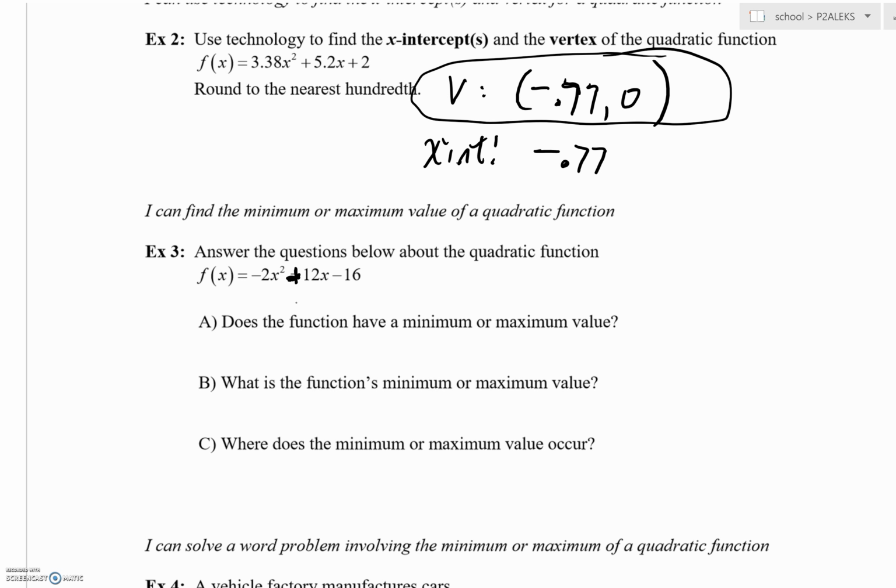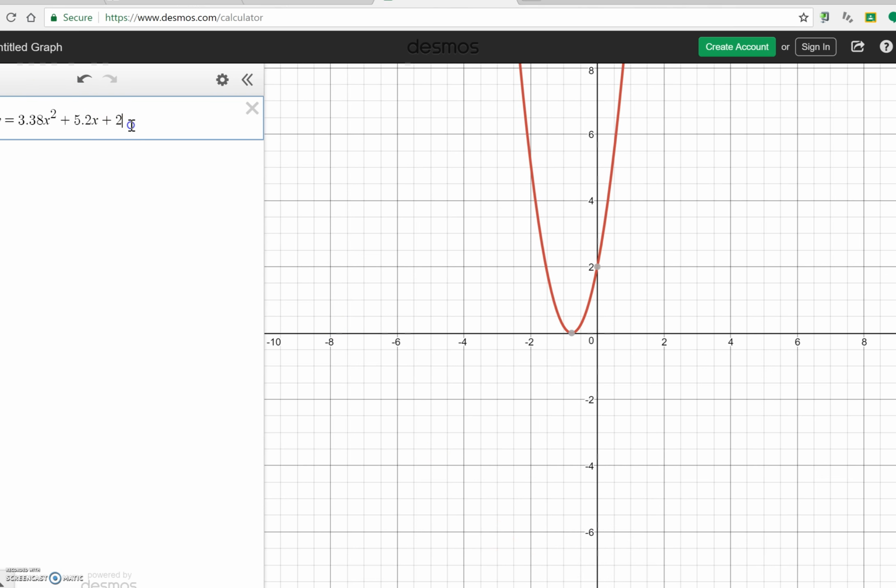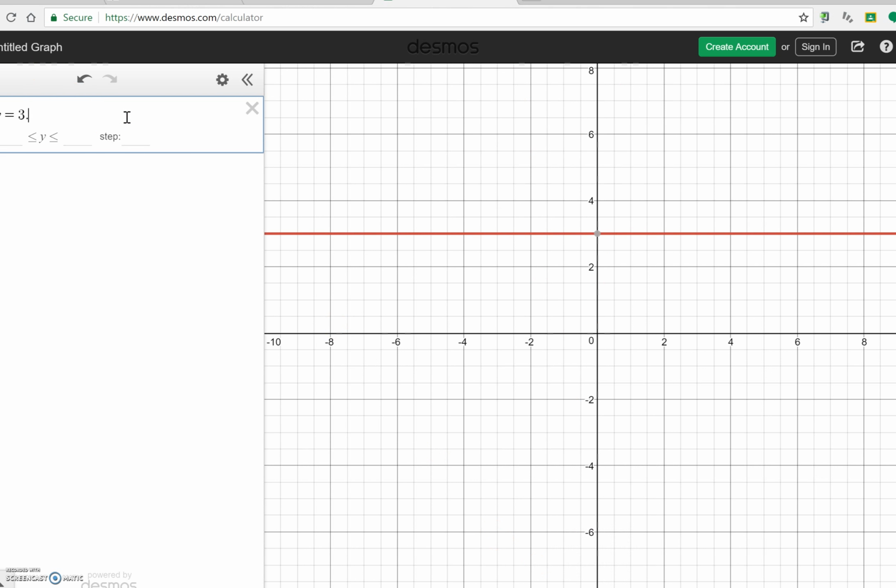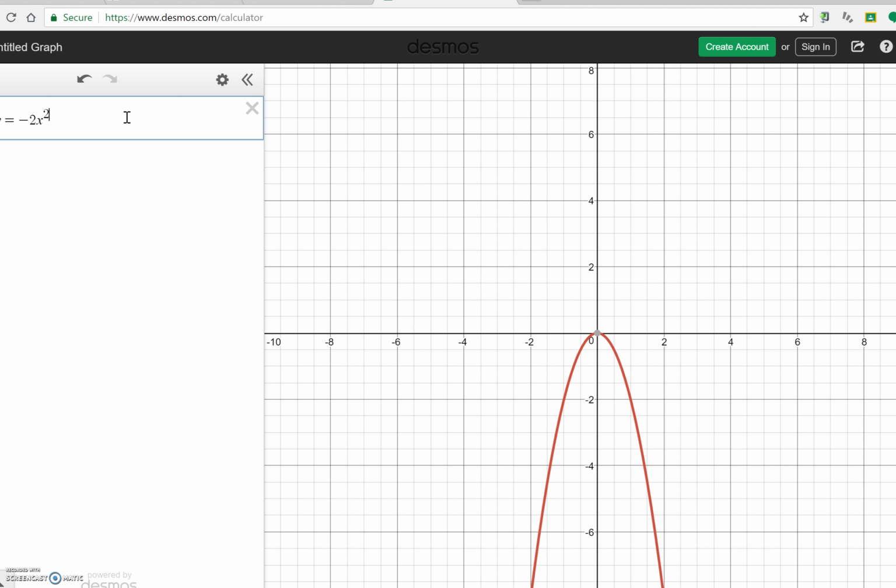-2x squared plus 12x minus 16. So let's come back over here and just make a quick change. You again could hit y equals, and we'll type negative 2x, and I'm going to get that power in there, negative 2x squared.